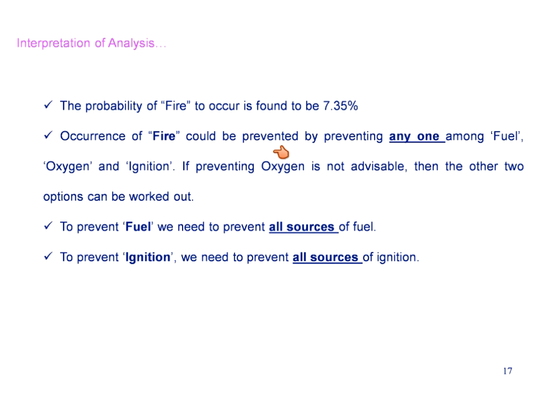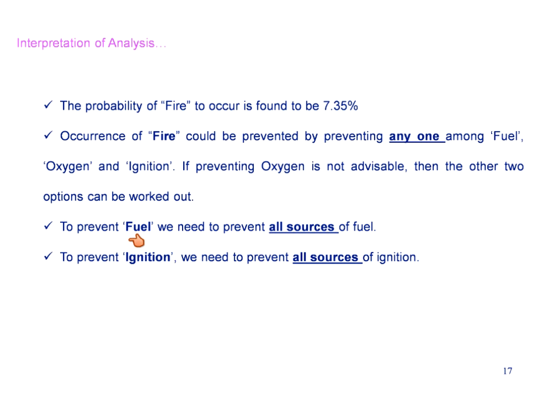Then occurrence of fire could be prevented by preventing any one among fuel, oxygen, ignition. Any one we have to prevent. Preventing oxygen is not advisable, we cannot prevent oxygen because it is existing by nature, it is in the atmosphere. So forget oxygen.